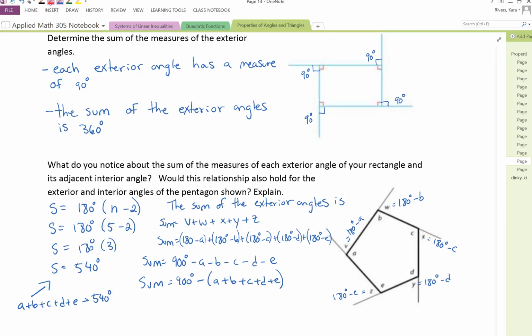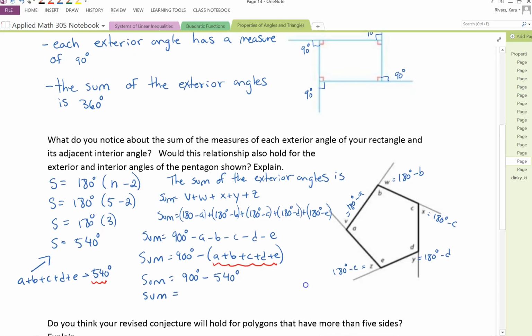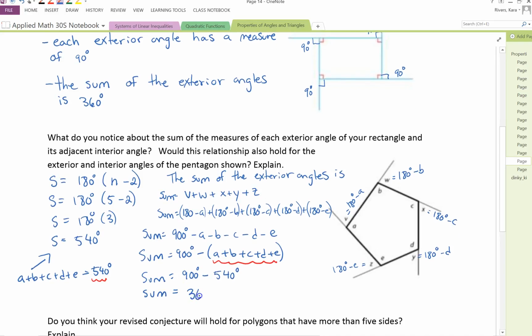So I'm going to just replace this with 540 degrees, since they're the same thing, and we can see that the sum of the exterior angles is going to be 900 degrees minus the sum of the interior angles, which is 540 degrees. Go ahead and punch that in your calculators, and you can see that once again we get 360 degrees.